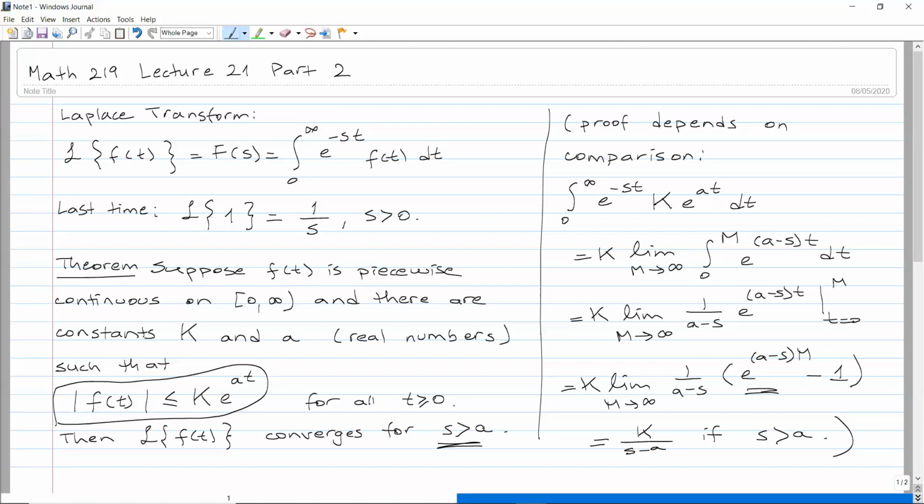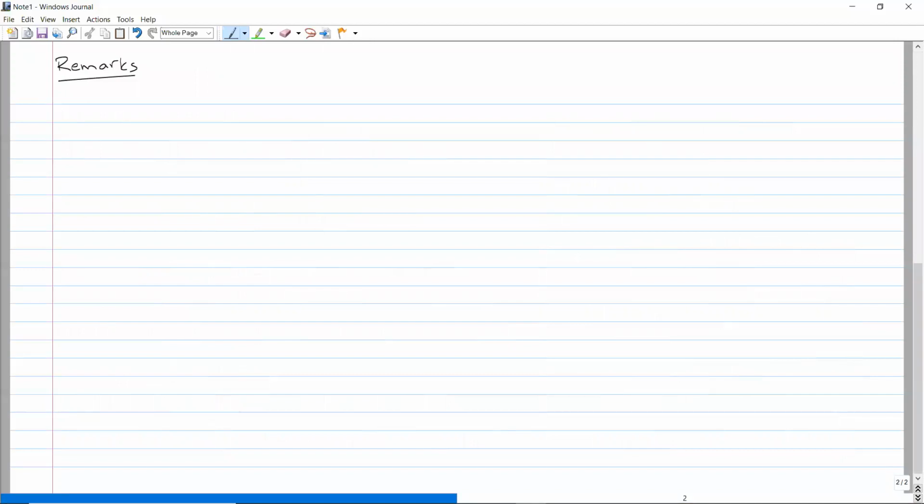But this is not going to be the case for everything. The exponential function is faster than any power function, but if you take the exponential of the exponential function, something like that, it's not going to satisfy this condition. So that's my first remark. For some functions, it is not possible to find such constants k and a.